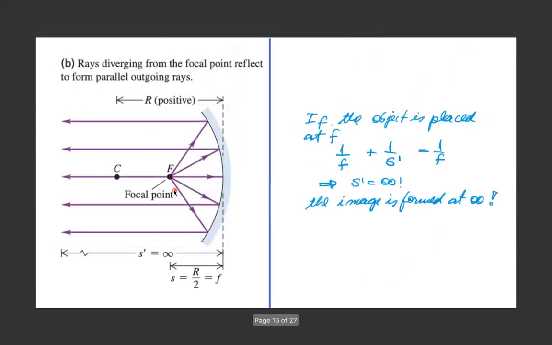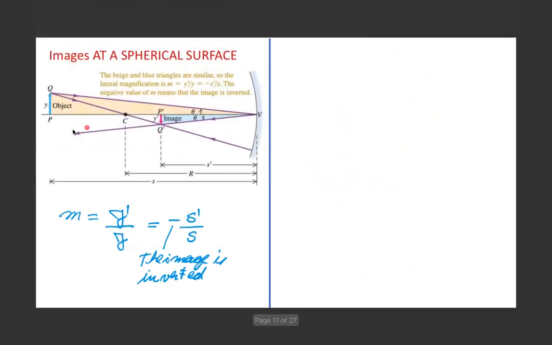So this is the construction that I have. I have an object here, and I have 2 particular rays that are intersecting at this point. Remember that if 2 rays intersect, then there are plenty more that will do the same trick.